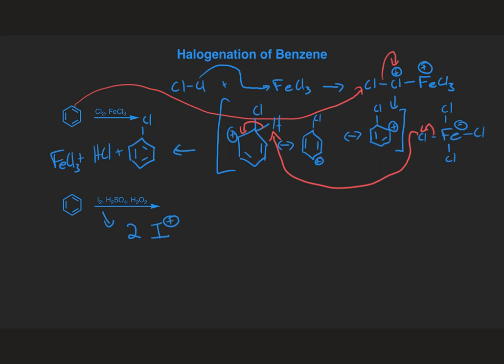And an iodine cation is a much stronger electrophile than I2, and so it's going to react in the same way any other electrophile reacts with benzene. It's going to generate an intermediate that's a resonance stabilized carbocation and then eliminate again to form iodobenzene.